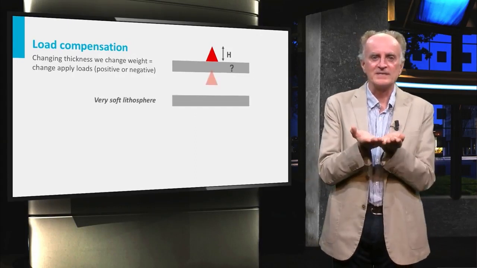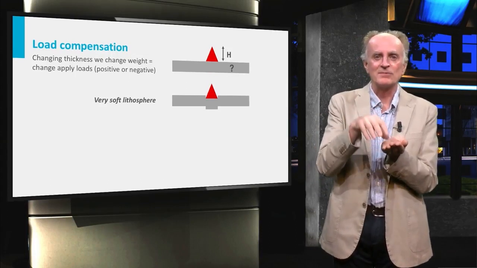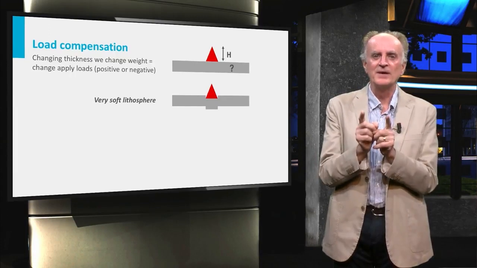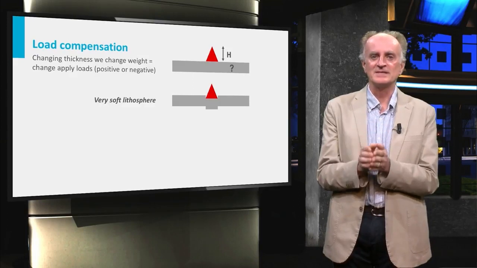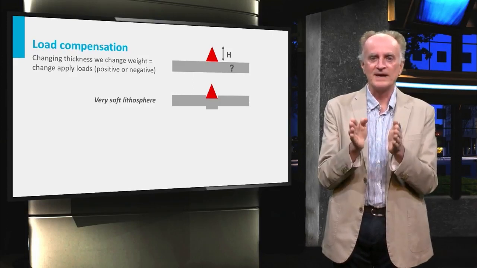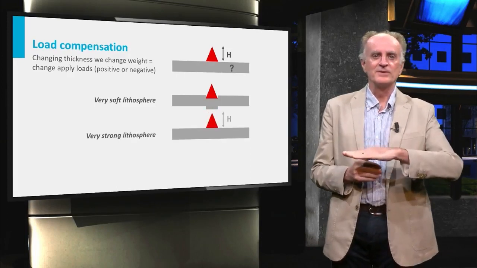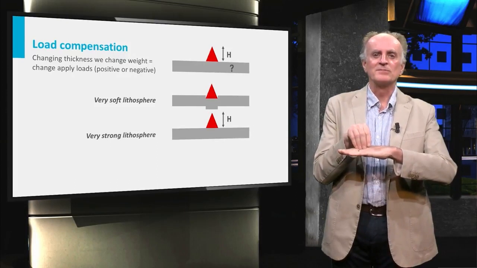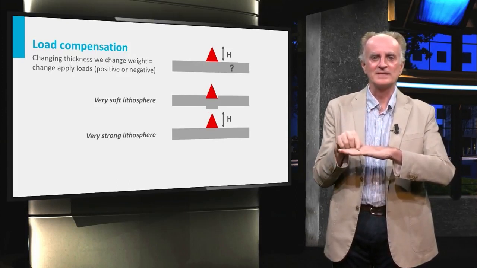If the loaded plate is very soft, then the new load and the underlying segment will simply sink, and subsidence will be limited to the area where the new load is applied. The resulting sedimentary basin will be very narrow and confined to the same domain. If, however, the substratum of the new load is very strong, then no subsidence whatsoever will take place, and the topography will correspond to the height of the load itself.